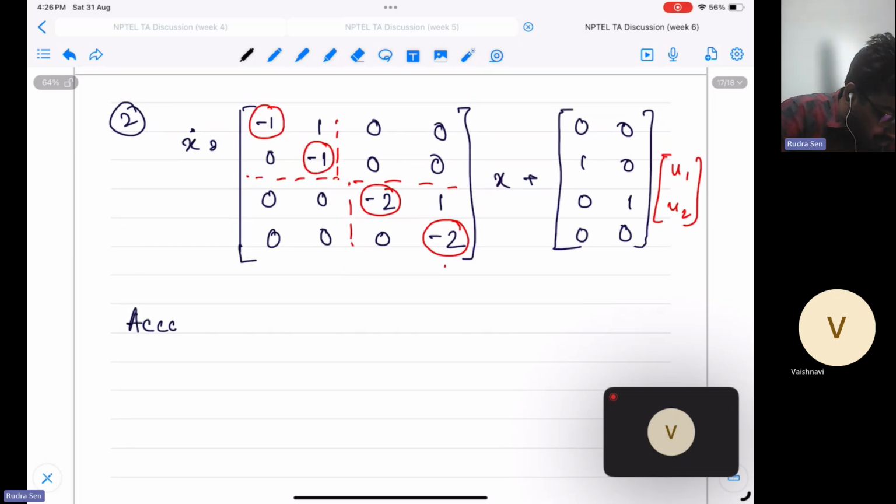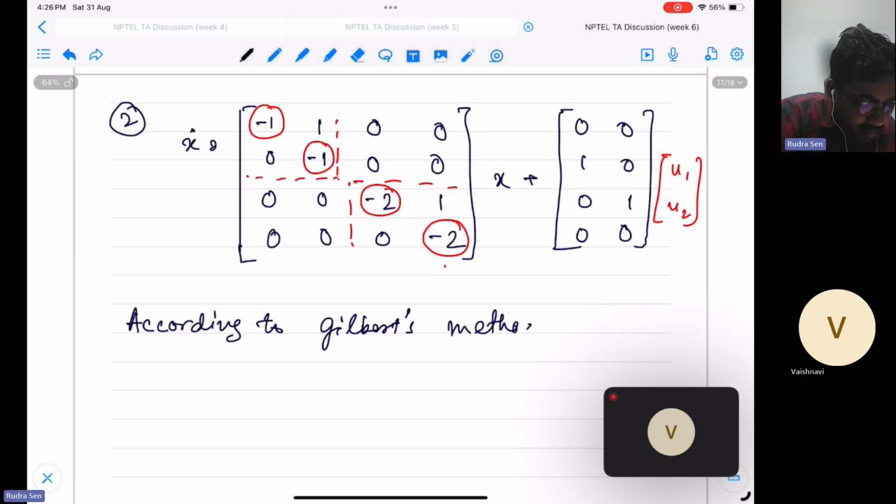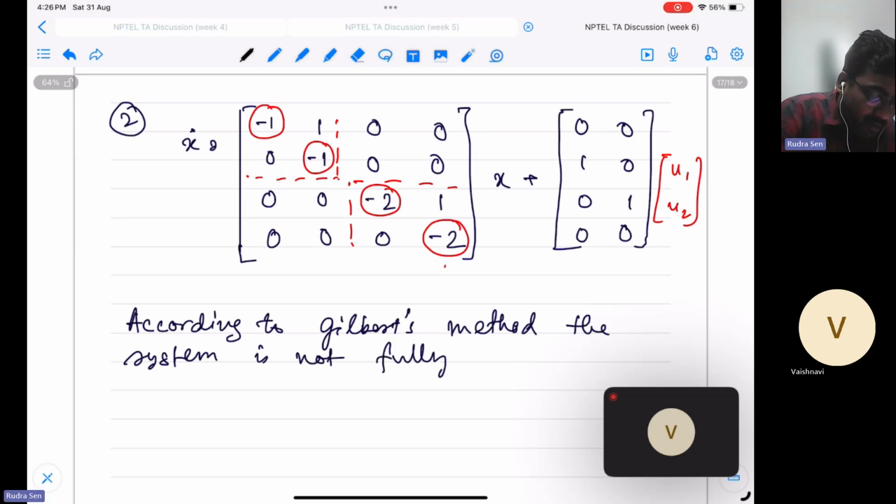So according to Gilbert's method, the system is not fully controllable.